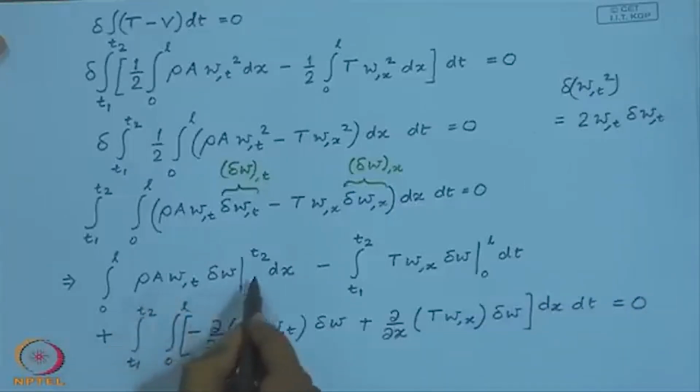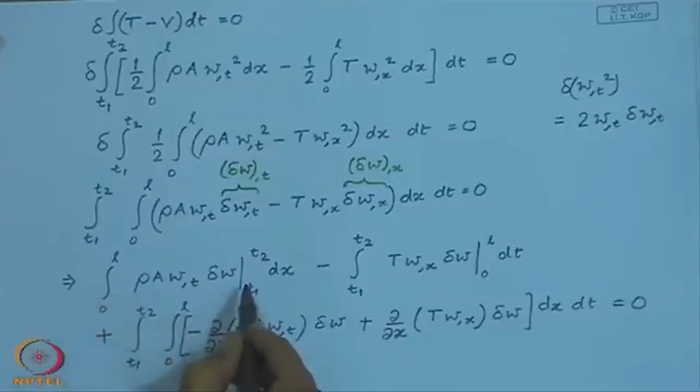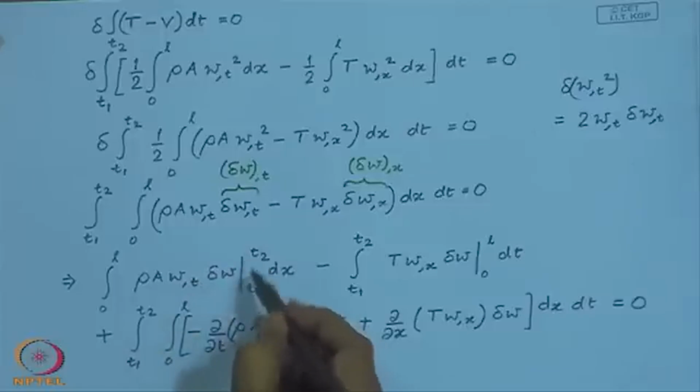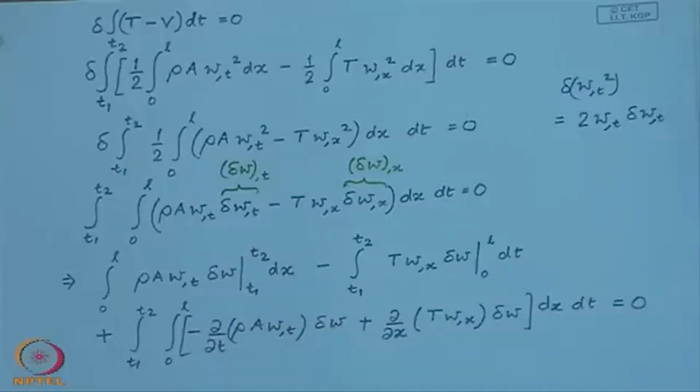Now, if you look here, this variation over the configuration at 2 time instants, this variation has to be calculated at 2 time instants.